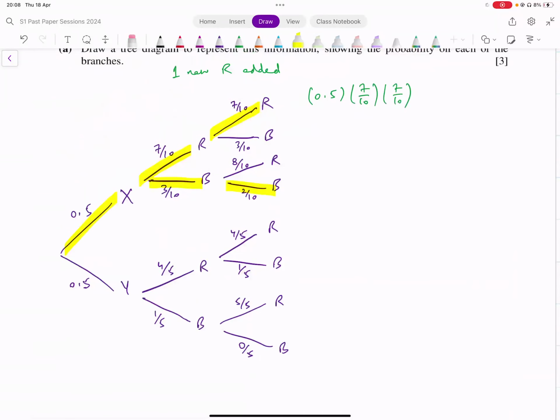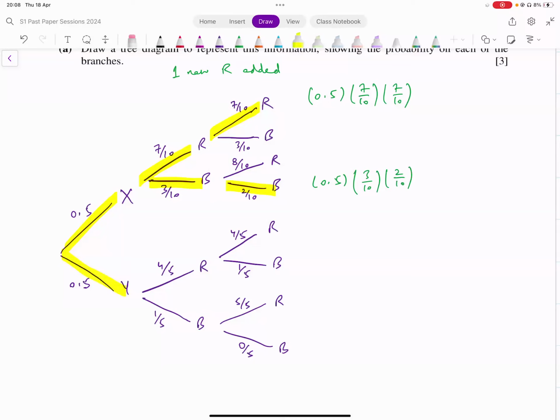So if we have both blue marbles taken out, what does that give us? That's 0.5 into 3/10 into 2/10. That's another possibility of getting same colored marbles.